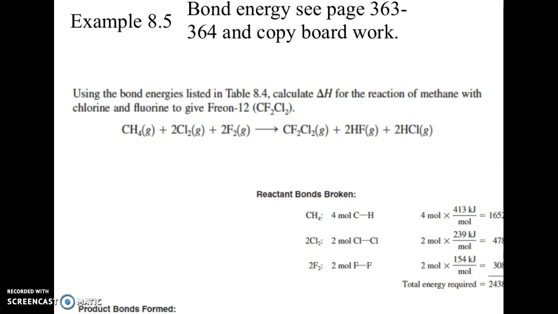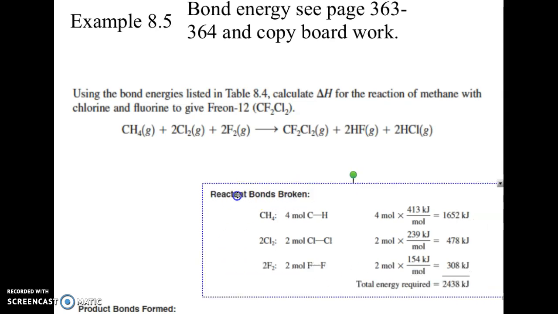It says, using the bond energies listed in table 8.4, calculate the delta H for the reaction of methane with chlorine and fluorine to give Freon 12, the CF2Cl2 compound.